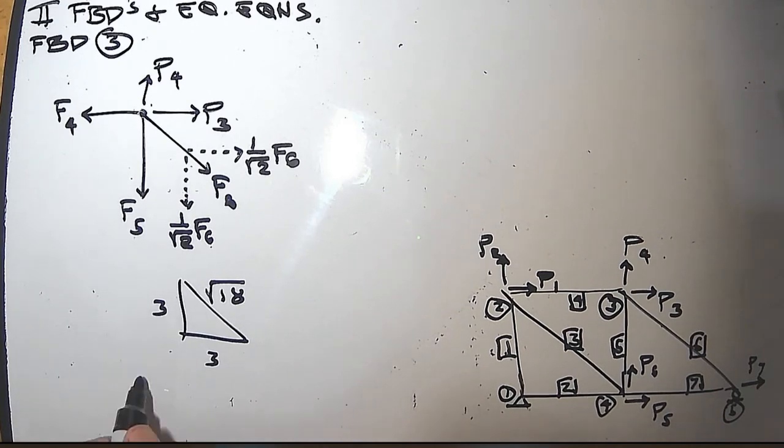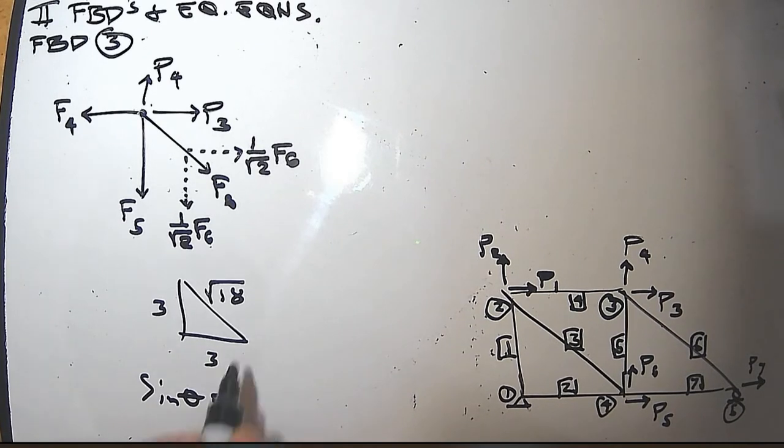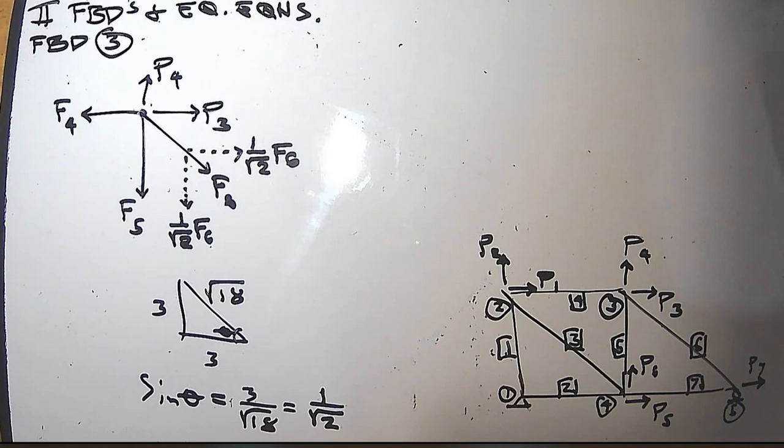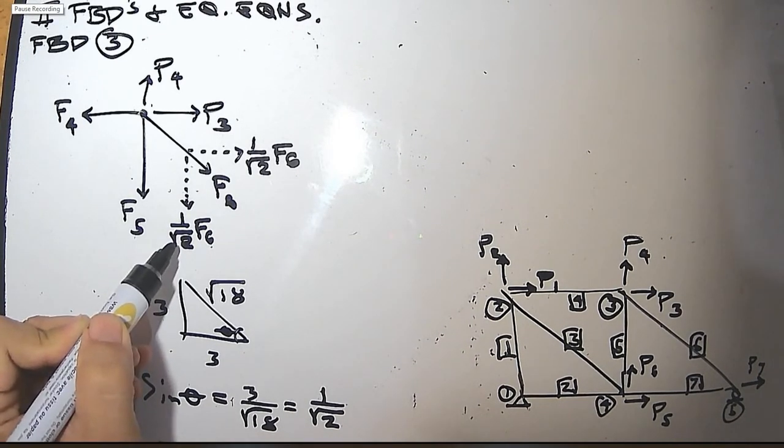So, let's say, sine of theta is, this is theta, 3 all over square root of 18. You can round this to 1 all over square root of 2. Okay, so 1 all over square root of 2. So, yan yung reason bakit naging 1 all over square root of 2.